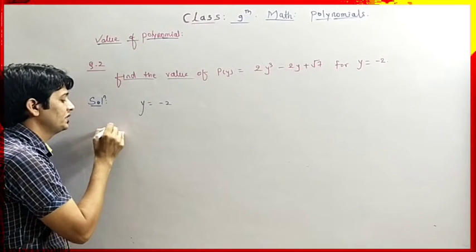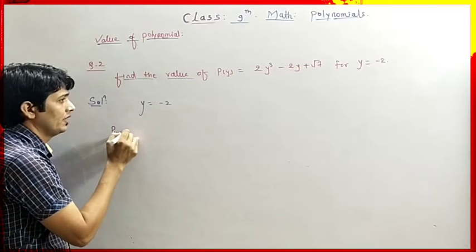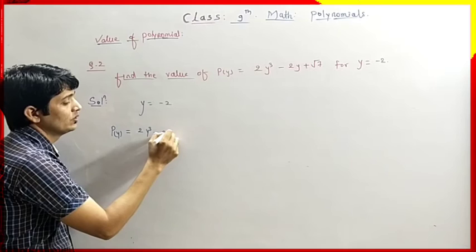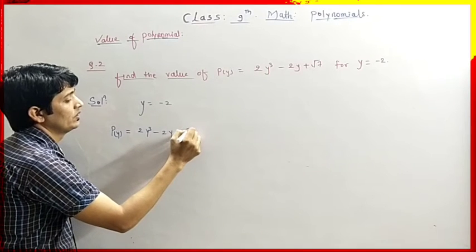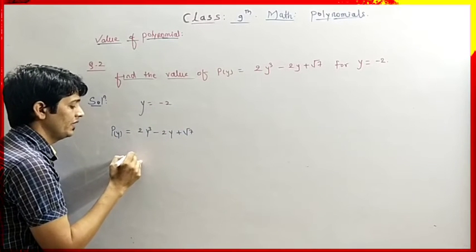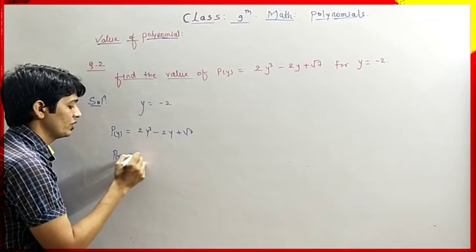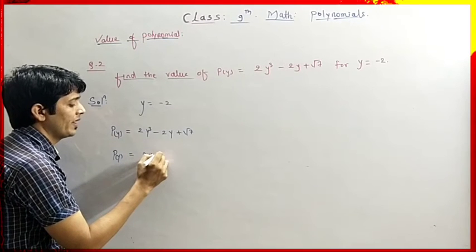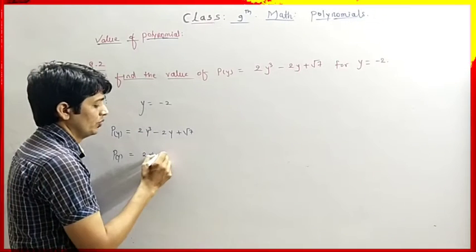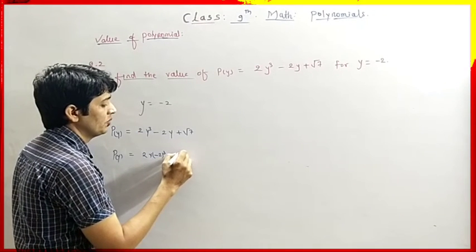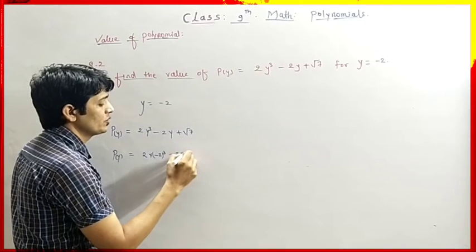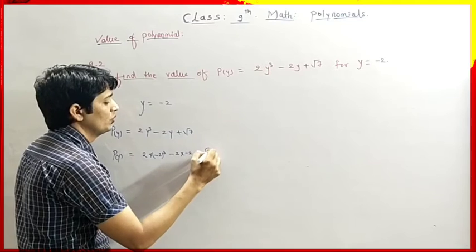Now what is the polynomial? It is p(y) equals to 2y cube minus 2y plus root 7. Here we place y equals to minus 2. So p(minus 2) equals to 2 into (minus 2) cube minus 2 into (minus 2) plus root 7.